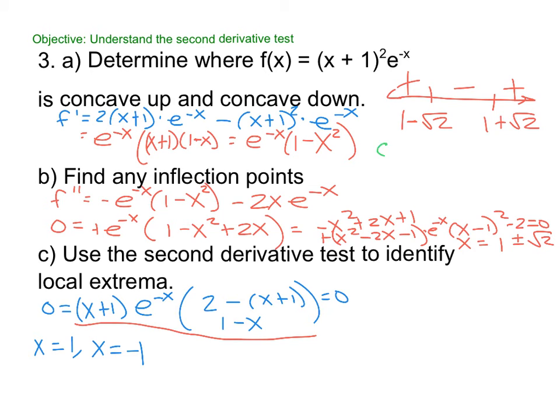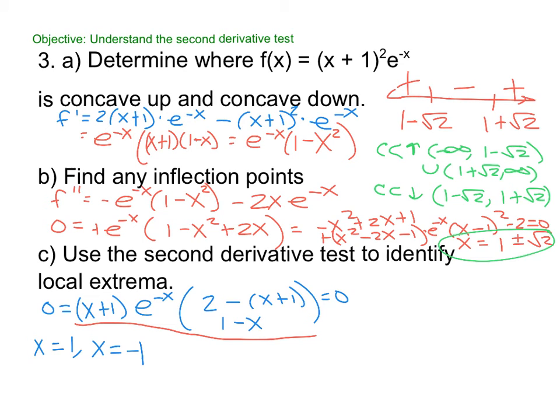Alright, so this is concave up, negative infinity to 1 minus root 2, and 1 plus root 2 to infinity. Concave down, 1 minus root 2 to 1 plus root 2. And these are the inflection points. Those are your IPs.